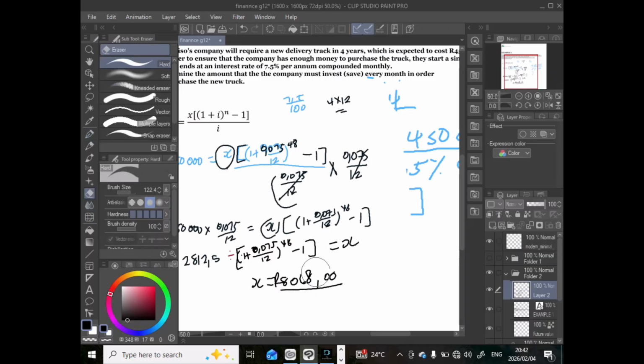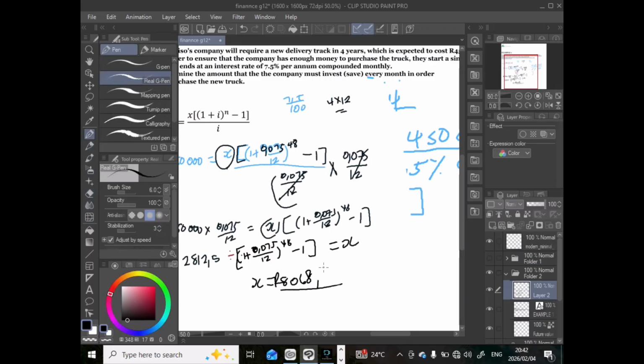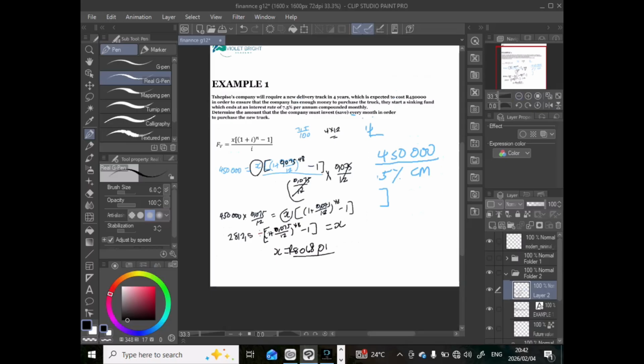So that at the end of 4 years I will be able to buy the new truck that is worth 450,000. So let's test our answer and see if we didn't make any mistake.